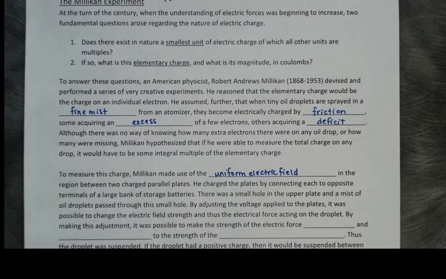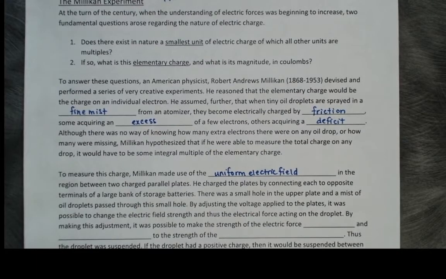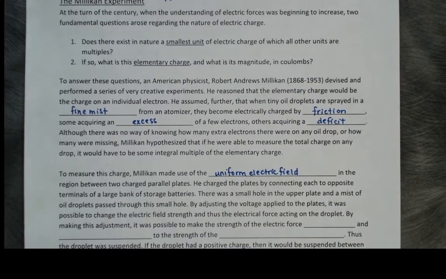So he could have a thin mist of oil enter the field, and he could change the voltage, right? He could adjust the batteries, and he was able to change the field strength and therefore change the force.